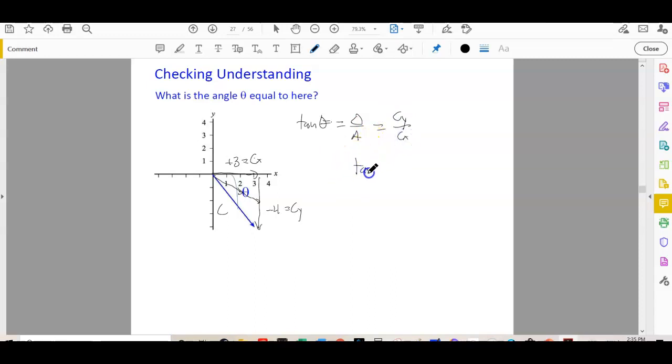So tangent of theta is equal to CY over CX. So that means theta is going to be equal to the inverse tangent of CY over CX, which is going to be the inverse tangent of -4 over 3.